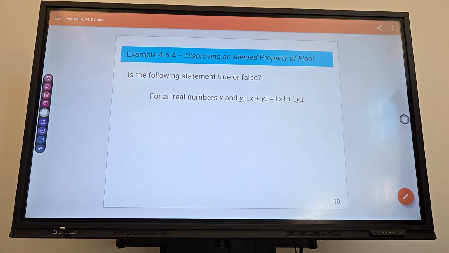Is the following statement true or false? For all real numbers x and y, the floor of the quantity x plus y equals the floor of x plus the floor of y. Is that true?